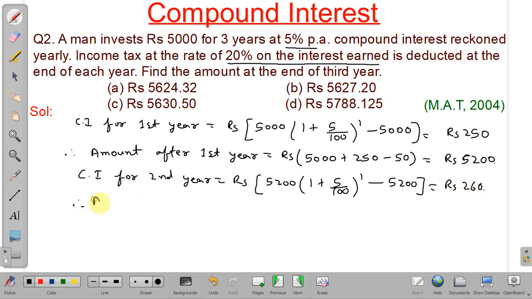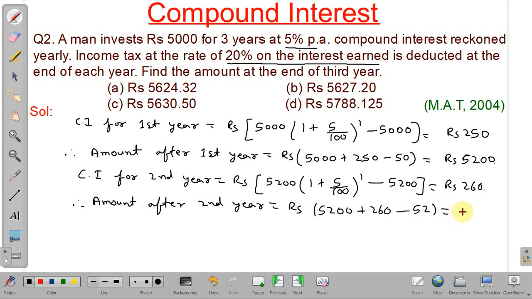Therefore, amount after second year will be equal to rupees 5200 plus compound interest, that is rupees 260, and tax 20% will be deducted on 260, so it will be 52, and amount will be equal to rupees 5408.